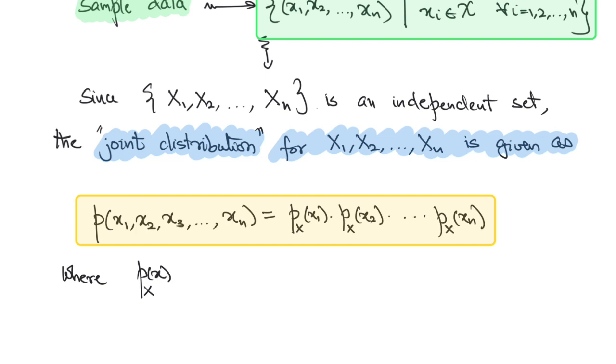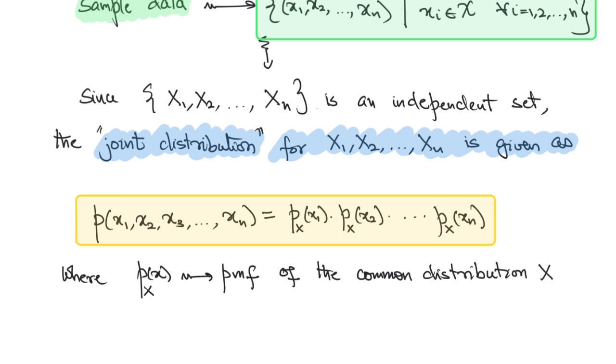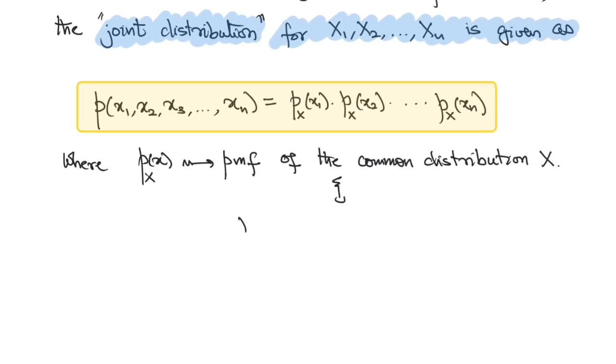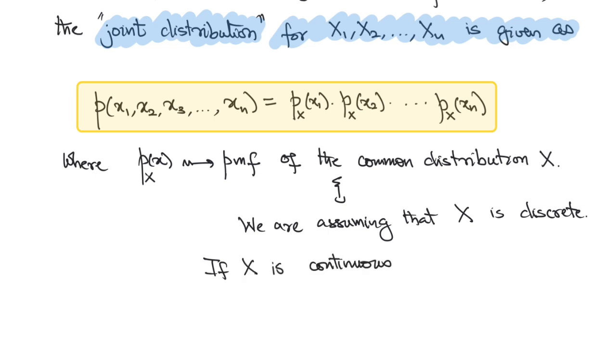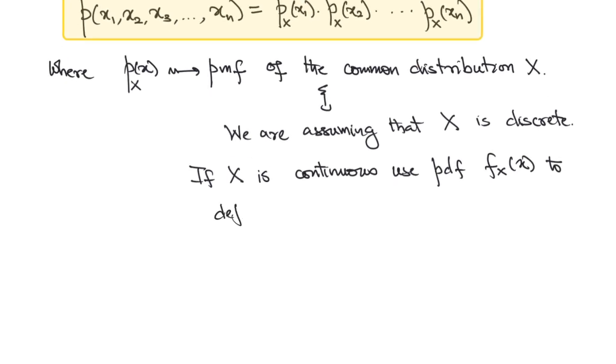And p sub x of x is the PMF of the common distribution x of all the random variables inside our random sample. We are assuming here that x is discrete. If x were to be a continuous random variable, we would use the PDF f sub x of x to define a joint PDF for the random variables x1, x2 up to xn, which lie inside our random sample.